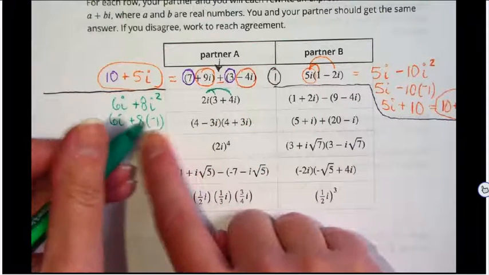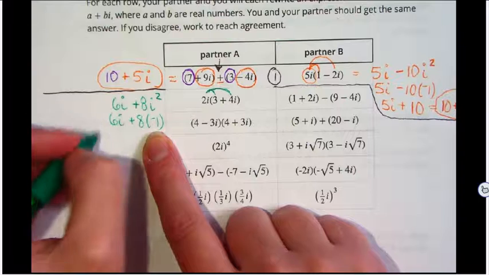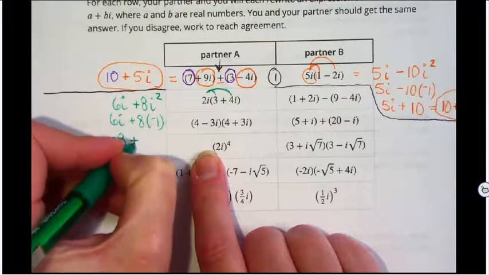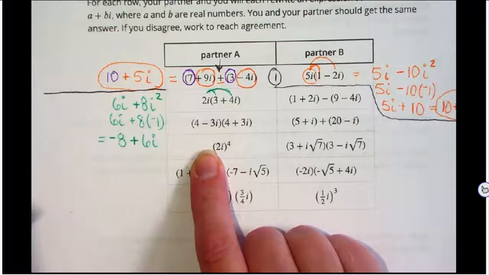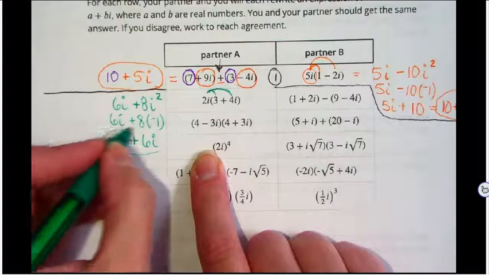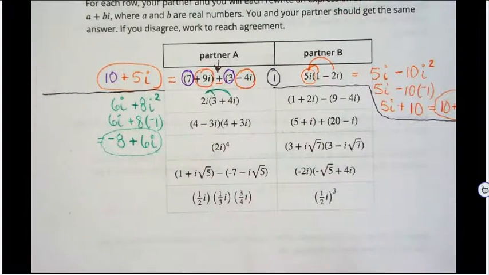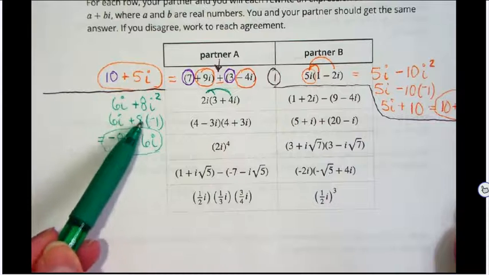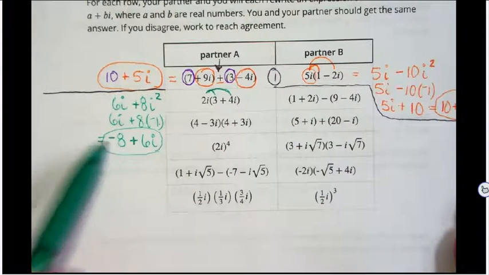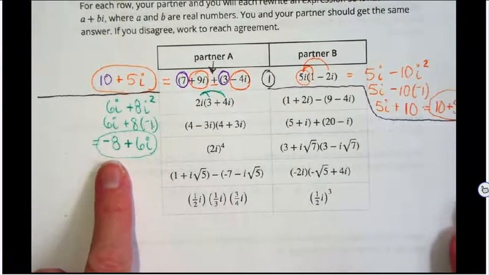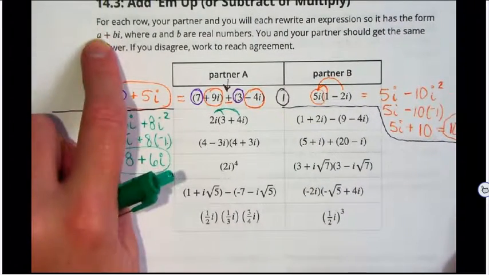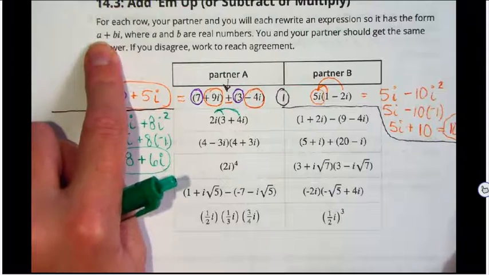We would have a very real part here of a negative 8, so I'm going to go ahead and write that first, and an imaginary part of positive 6i. I'm starting to go a little bit faster. So if you need to go back and slow it down to understand how that 8 times -1 turned into a -8, I'm just choosing to write it first. Actually, I need to write it first because the real part has to come first in our answer.